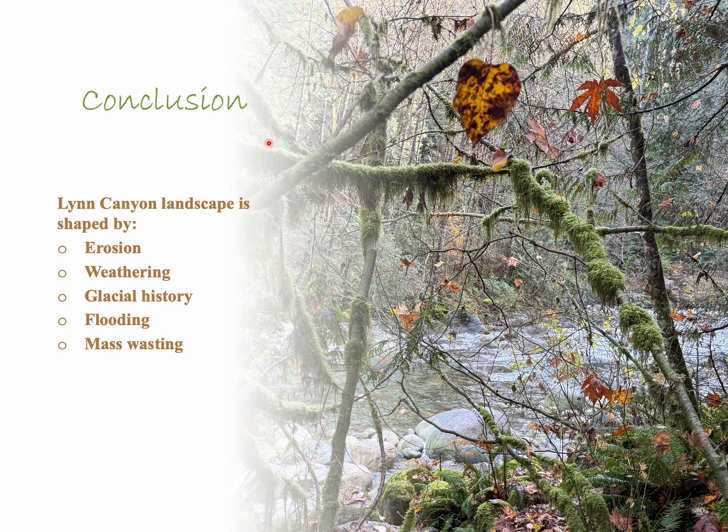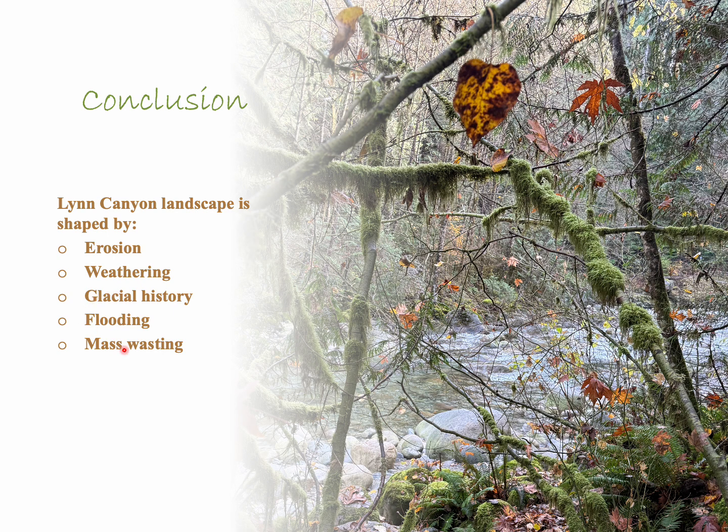So here we have our conclusion. As we saw, the Lynn Canyon landscape is shaped by different types of factors. Erosion plays an important role in changing the landscape of Lynn Valley. After that, another major factor was weathering, because in the North Shore and Vancouver, the weather changes the landscape of Lynn Valley, and the glacial history was also an important factor.